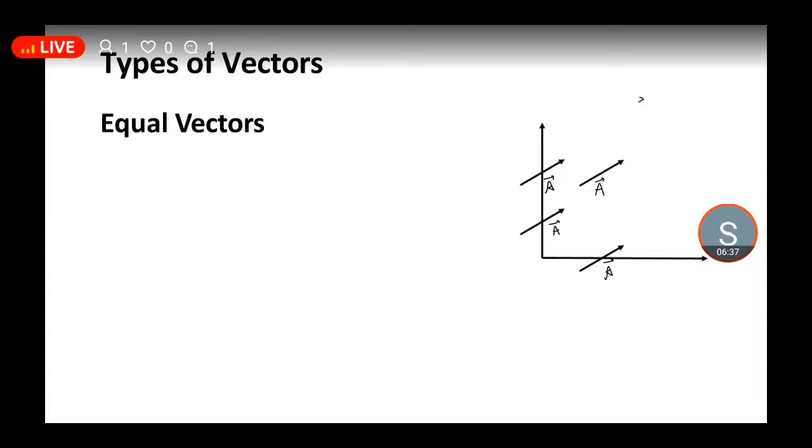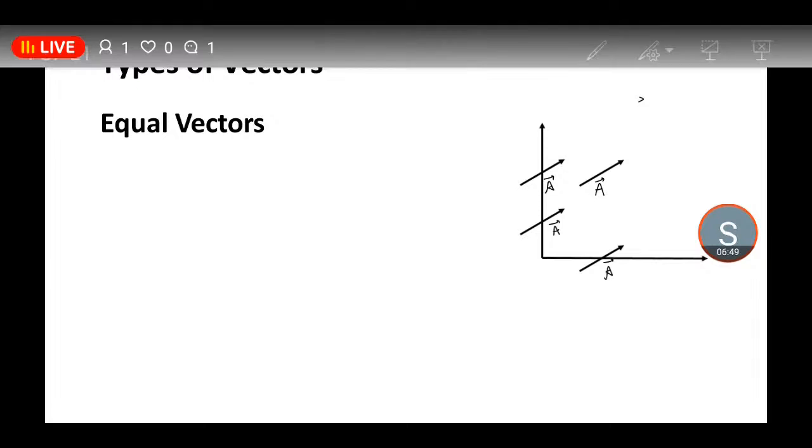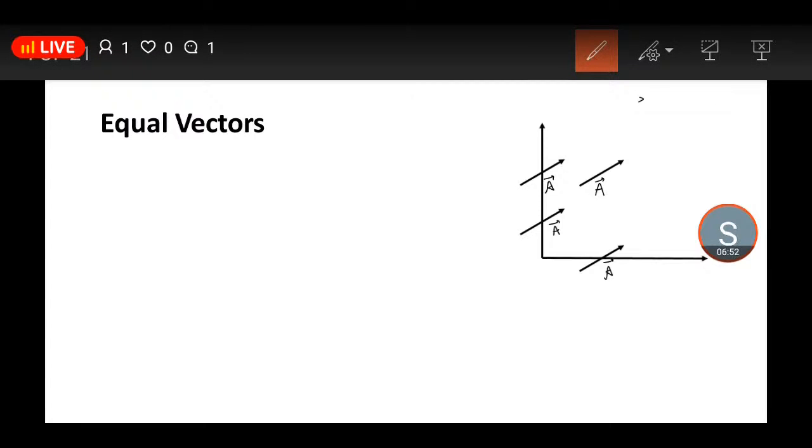As for types of vectors, there are around 8 vectors, and two are not important. Namely, equal vectors. What are equal vectors? Two or more vectors are said to be equal if they have the same magnitude and the same direction.